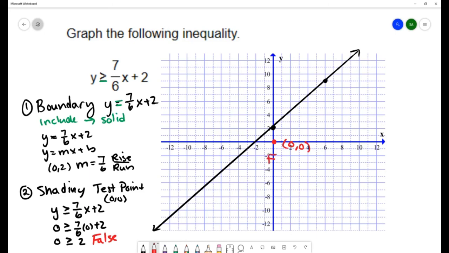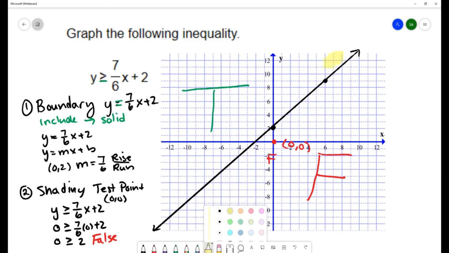We call that a test point because it is going to tell us what is going to happen with this whole side. Every single ordered pair on this region of the plane will be false in our inequality. The other side will be true. So we want to shade the true side.